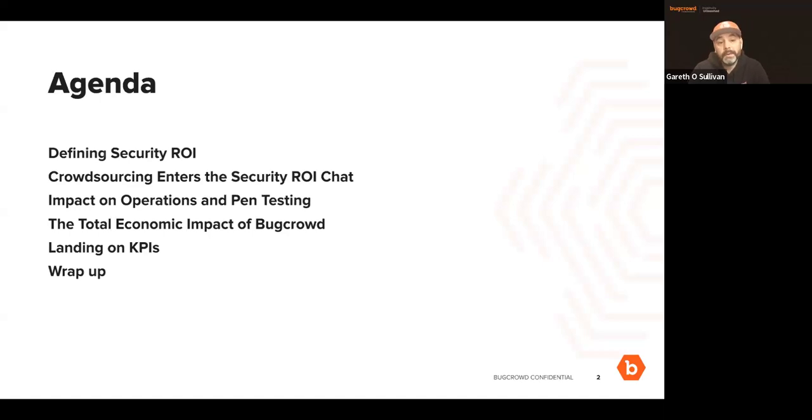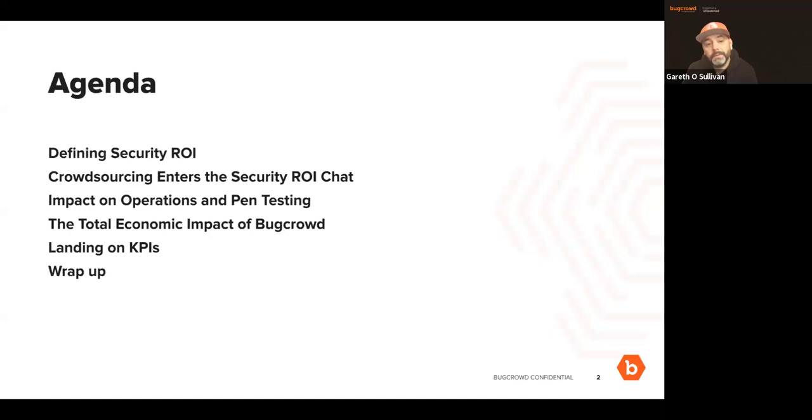So we look at defining what security ROI is. To some extent, it may mean different things to different organizations. We'll take a look at crowdsourcing and where that can support ROI. We'll also view bug bounty in the context of its impact generally on operations and pen testing and where it can fit in.